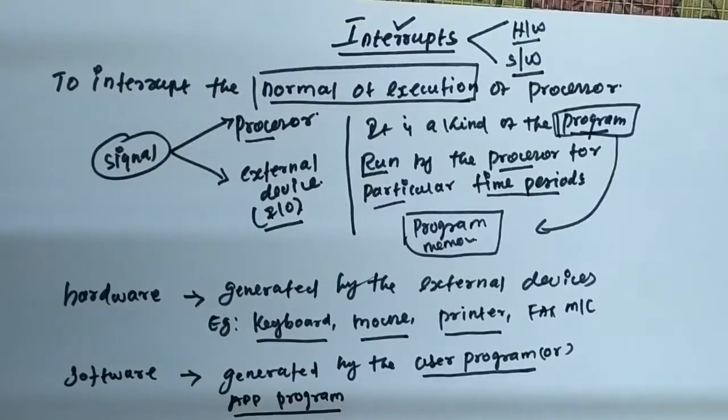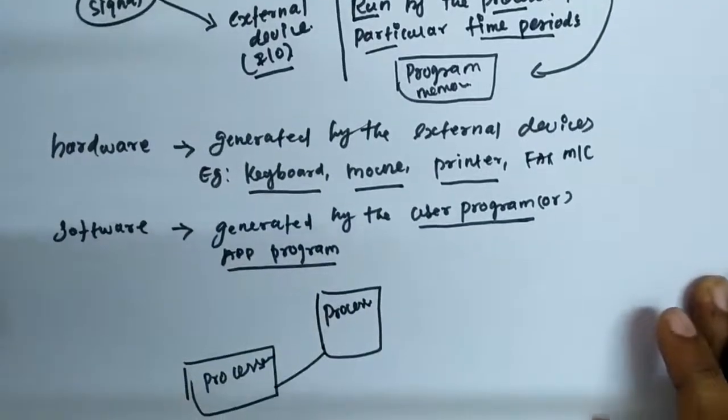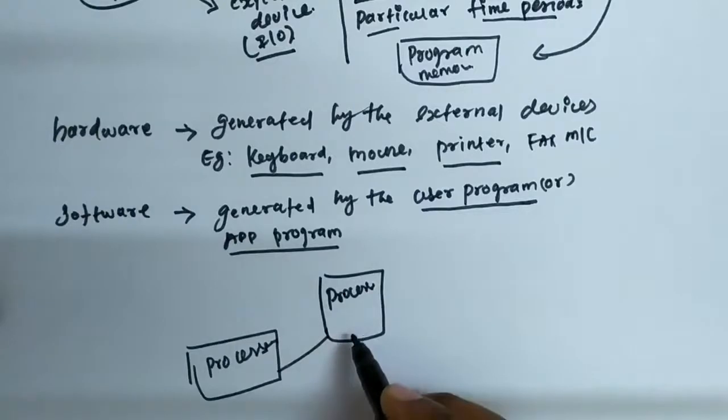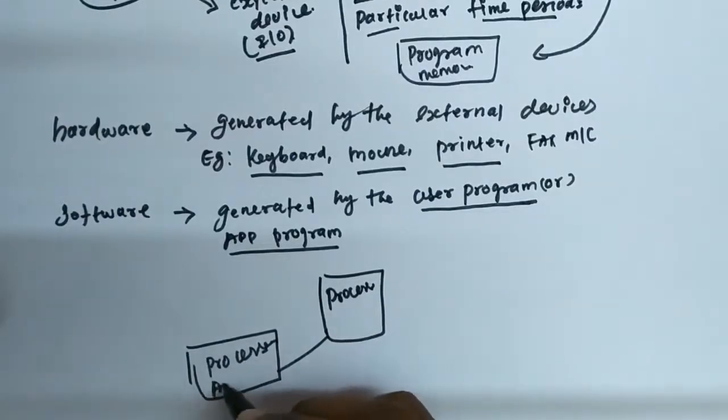Next, when an interrupt signal is received from the external devices, how does the processor respond? Let's consider this is the processor. It is currently executing some process, for example addition.